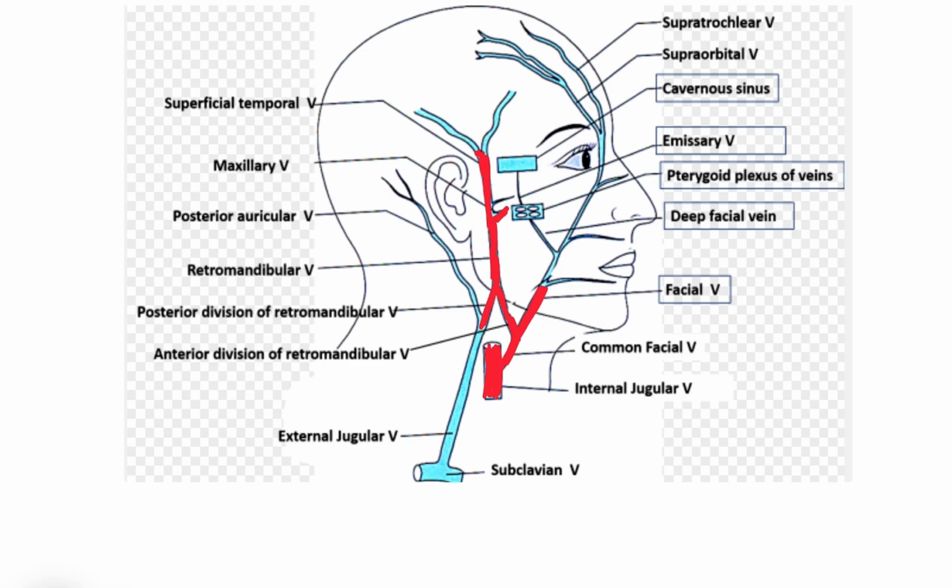Similarly, the posterior division unites with the posterior auricular vein to form the external jugular vein, which drains into the subclavian vein.